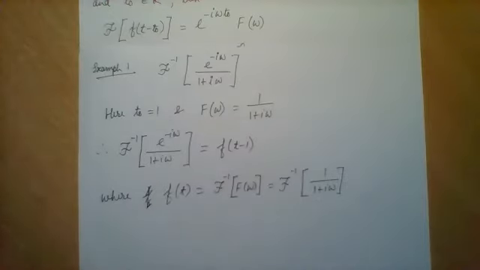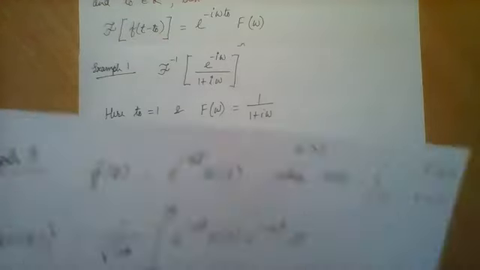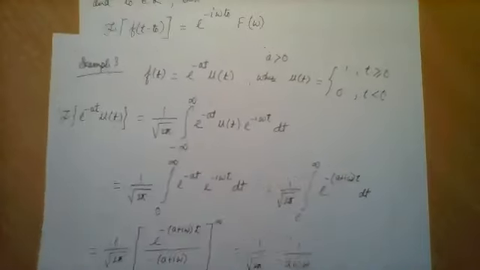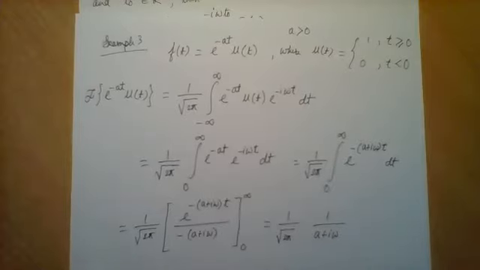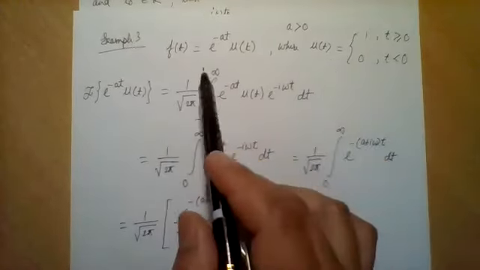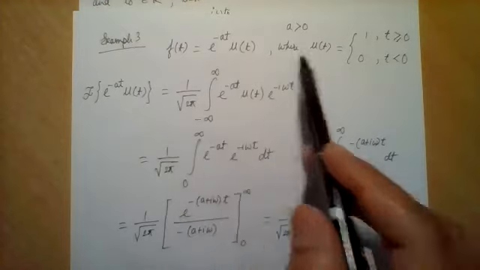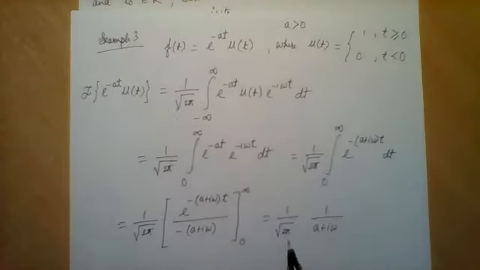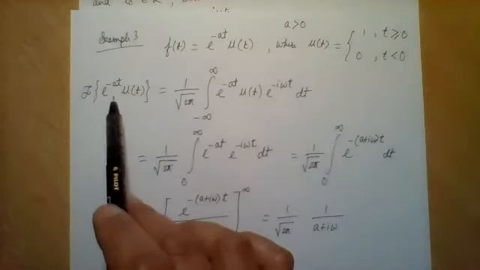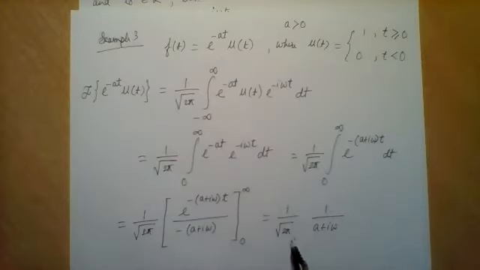And from one of the examples which we discussed earlier, with e to the power minus at u of t, we had obtained this result: the Fourier transform of e to the power minus at u of t is equal to 1 by root 2 pi times 1 by a plus I omega.